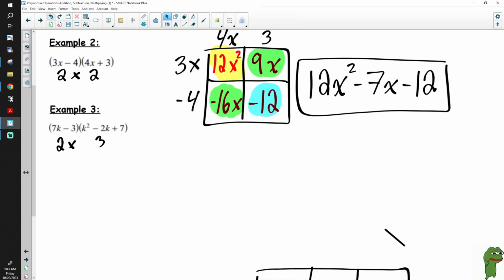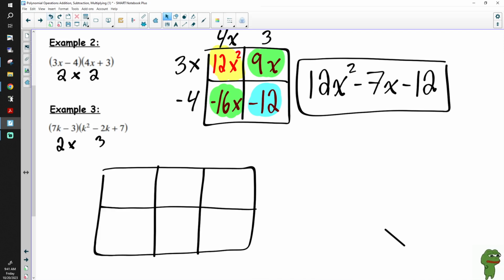Okay. Take your 2 term, put it on the side. 7k, negative 3. Up on top, k squared, negative 2k, and 7.